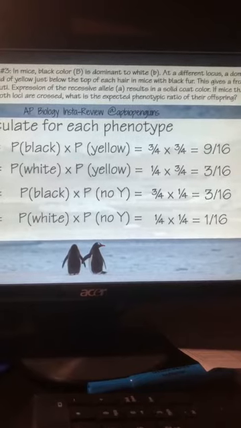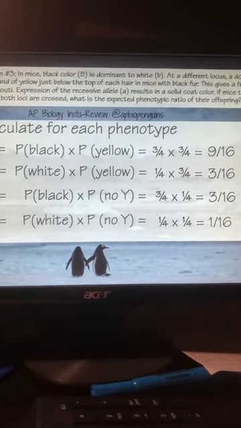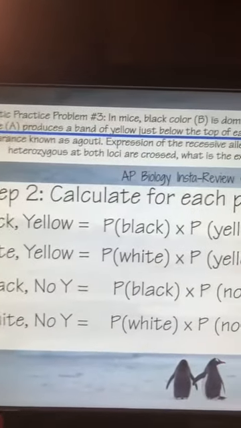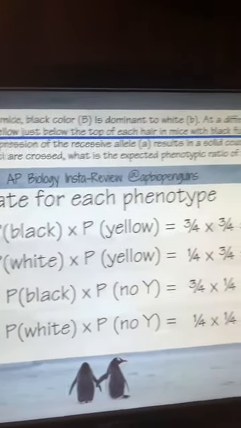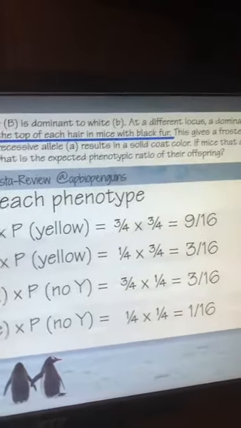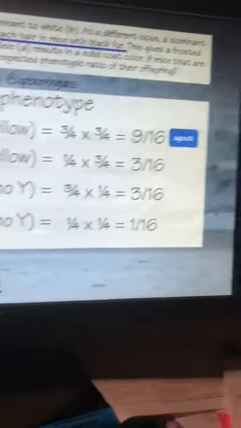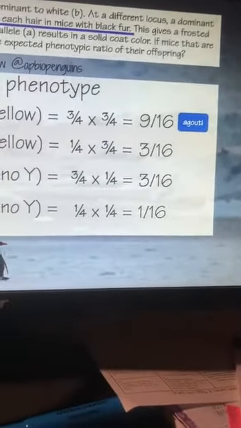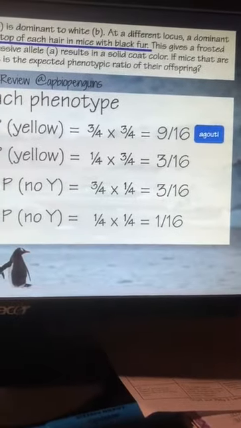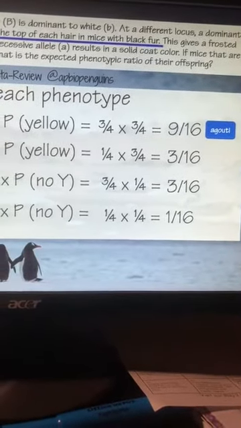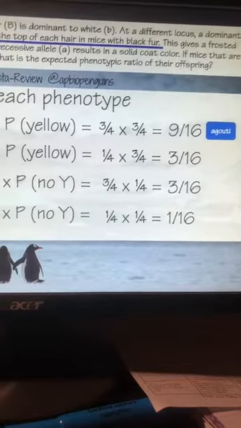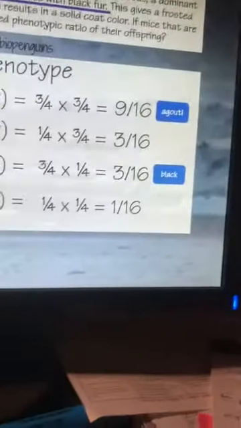But here's where the problem comes into play. We said that if you get the capital A, it produces a yellow band on top of the hair that's only on the black fur. And that's what's going to make that a goatee. So 9/16 of them will be that goatee. But that doesn't occur on the fur that doesn't have black. So we're also going to see that if there's no yellow, 3/16 are black.